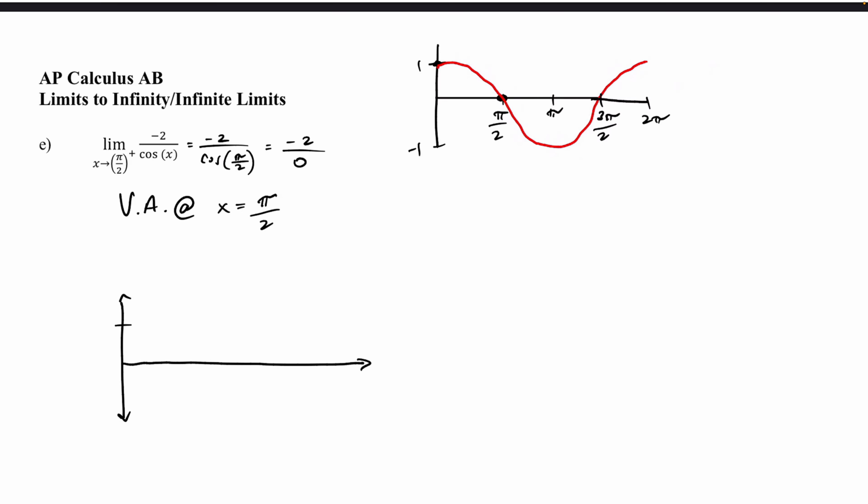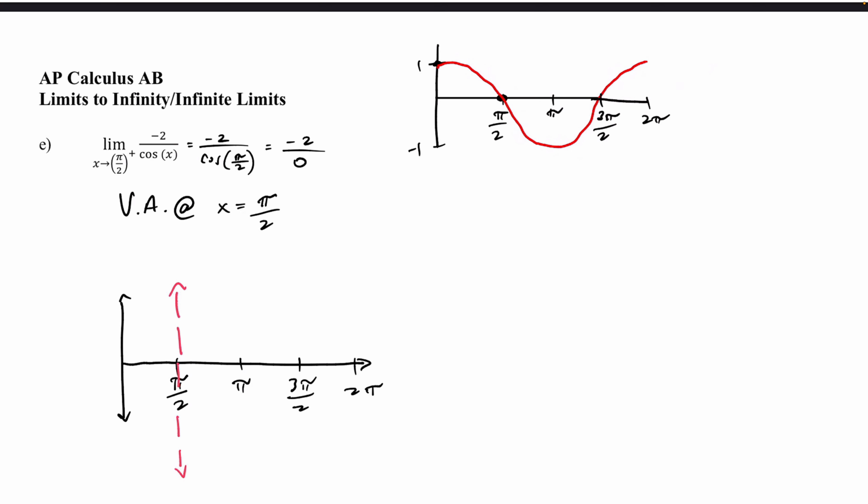Okay, so at pi over 2, we have a vertical asymptote. And then 3 pi over 2 and 2 pi. Okay, so let's draw that.